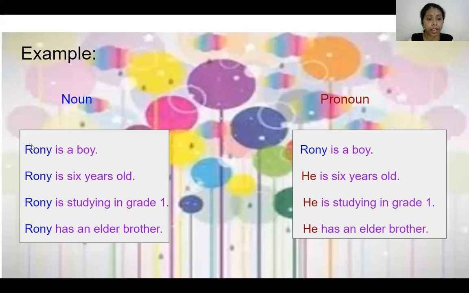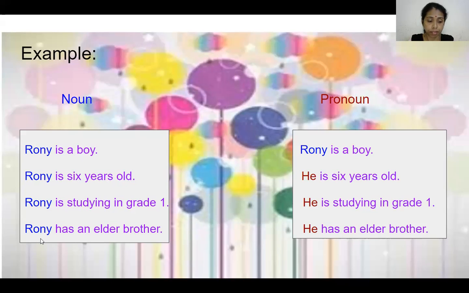Example, see in the first box, I wrote some sentences like Ronnie is a boy. The second sentence is Ronnie is 6 years old. Third sentence is Ronnie is studying in grade 1.